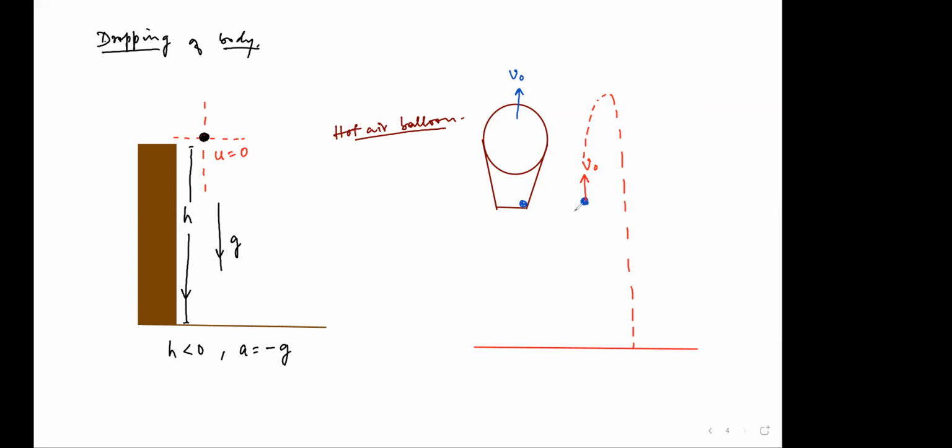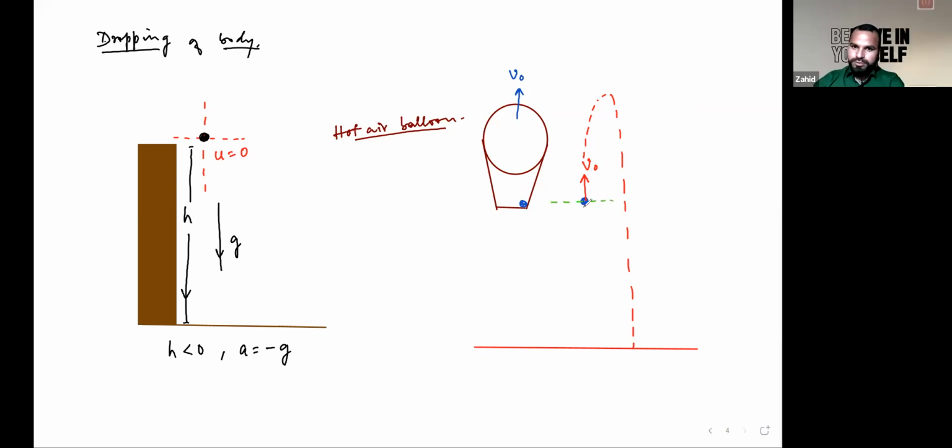Yes, sir. So just take this point of throw as the origin. All upward quantities would be positive and all downward quantities would be negative. So let's say the height from this point to reach its maximum point is in the upward direction. At the highest point, the velocity of the body would be 0.